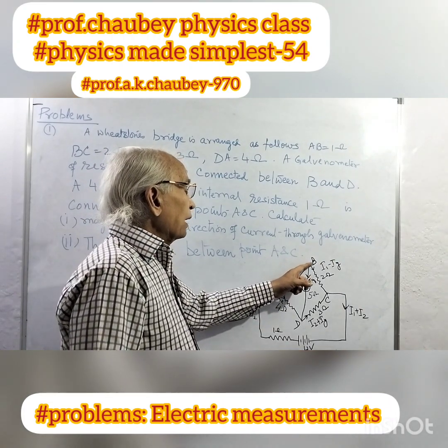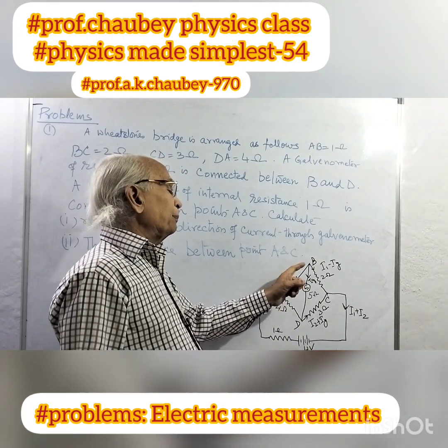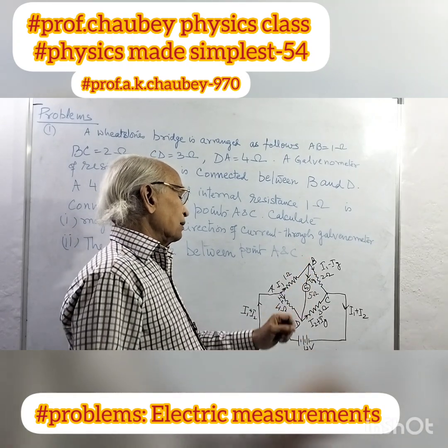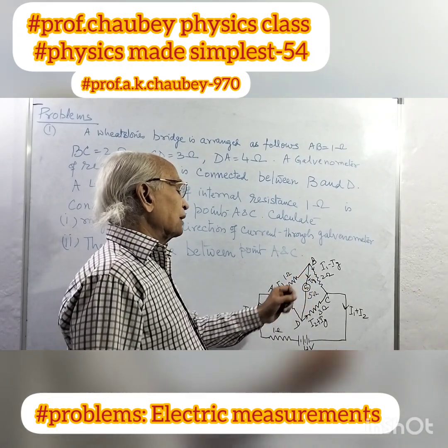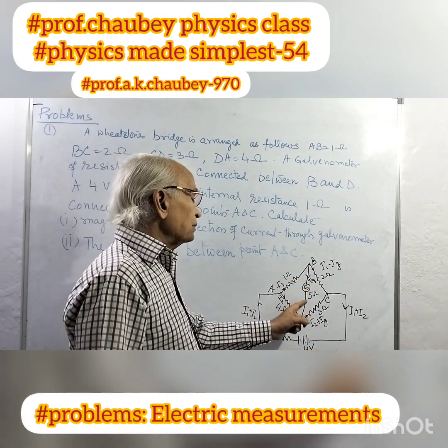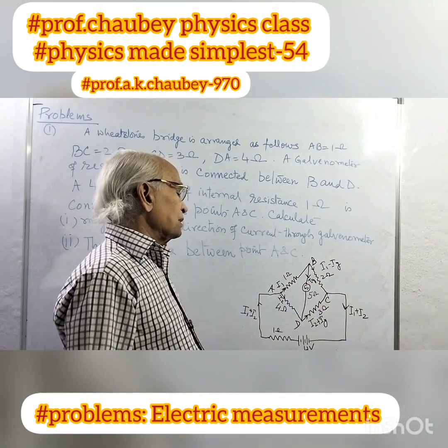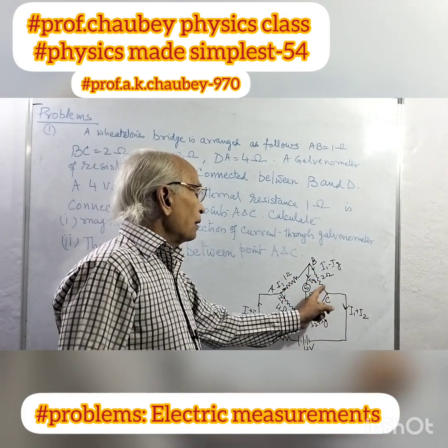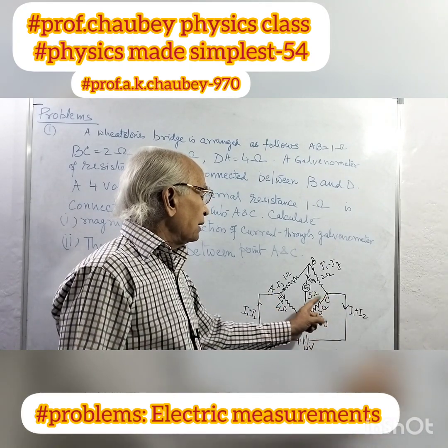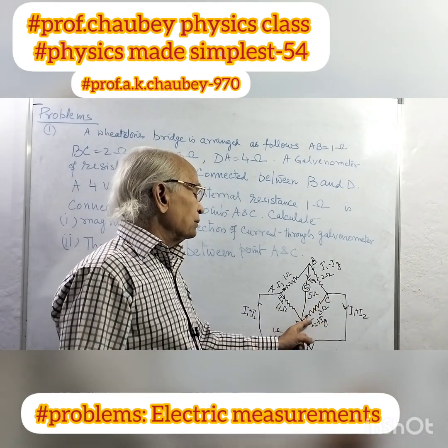Here at B, we are assuming that B is at higher potential than D, so the current passes through the galvanometer in the direction shown, from B to D. Ig is the current passing in the galvanometer. Then I1 was here, Ig goes this side, so I1 minus Ig is going in the resistance BC. And here, I2 was coming and Ig is also coming, so the current becomes I2 plus Ig.